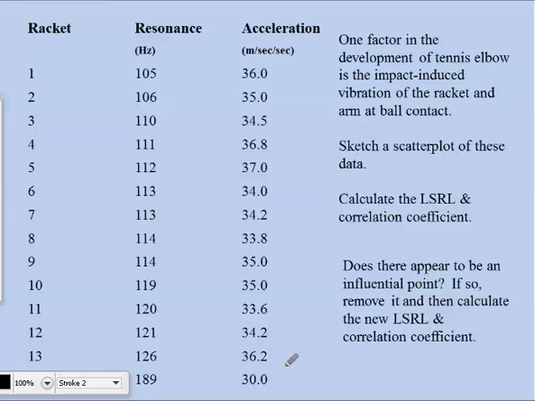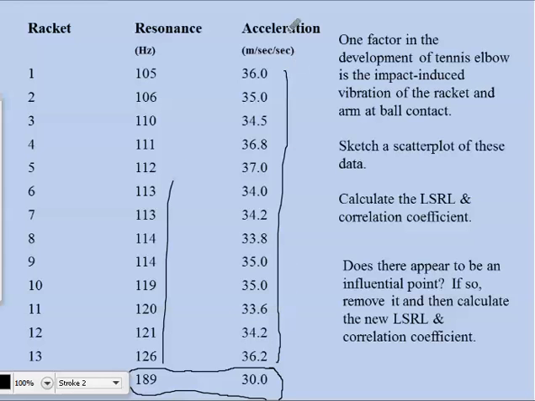And I want you to notice this right down here. At 189 resistance, there is a 30 meters per second acceleration in this one racket. That number is so far above all the rest of these in resistance, and that number is so far below all the rest of these in acceleration, it looks like it might be an influential point.